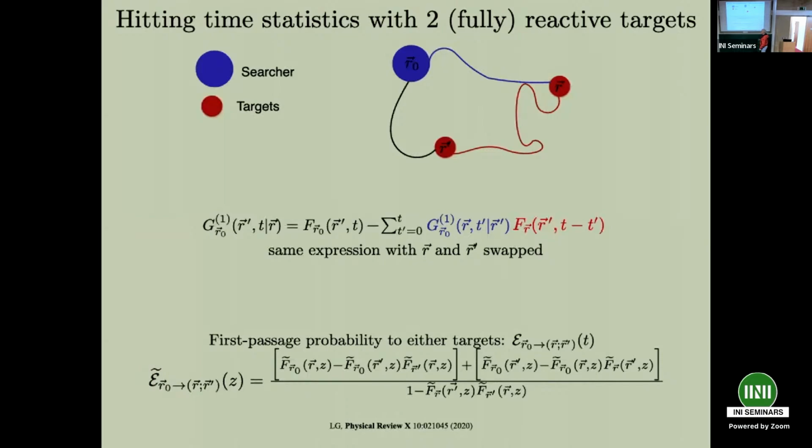You're interested in the full solution, and then it's the first passage from R0 to R, and then you subtract the one that goes to R prime, but then of course you come back to R, no? But then this normalization factor, it's sort of inclusion-exclusion. If you expand this, you see you keep expanding the times that you go from R to R prime and from R prime to R, no? So it's sort of an inclusion-exclusion.